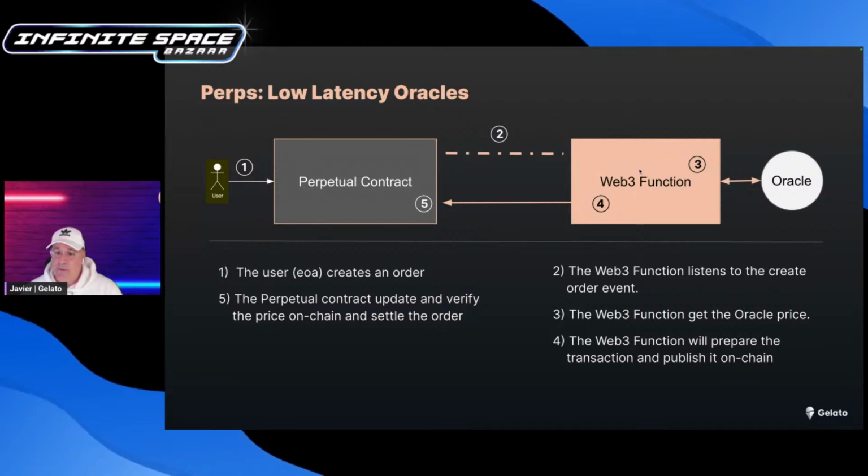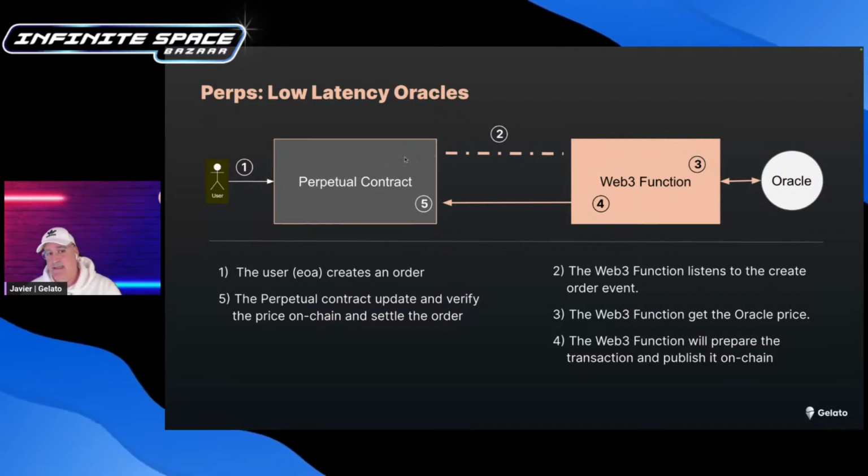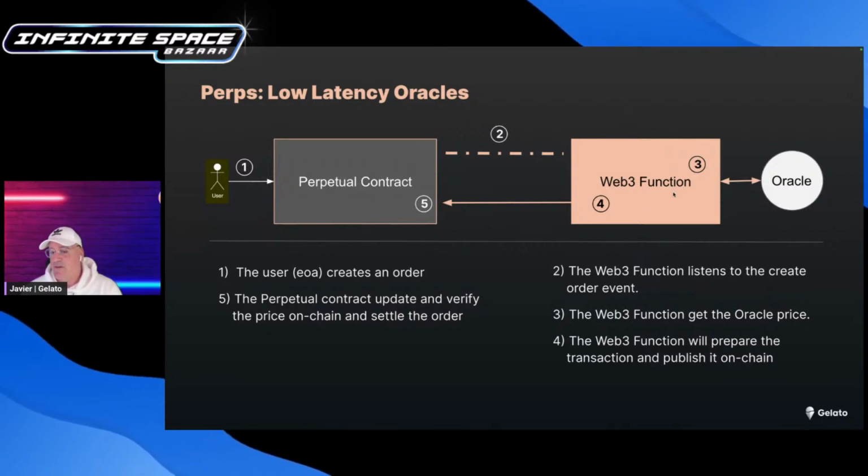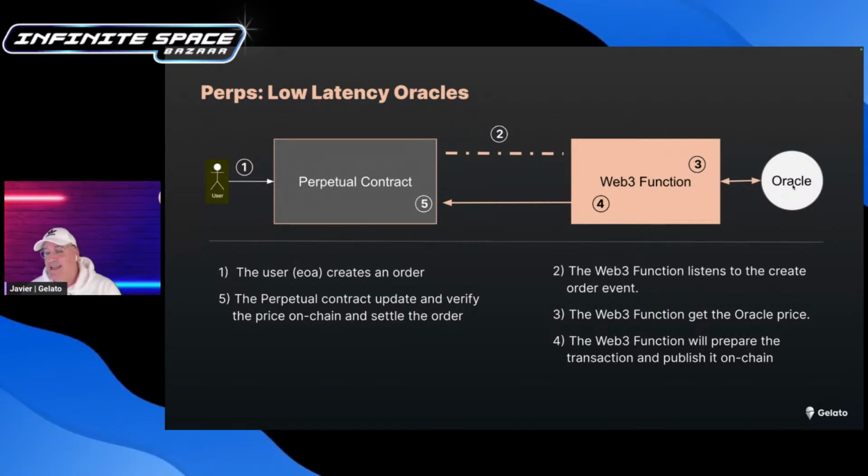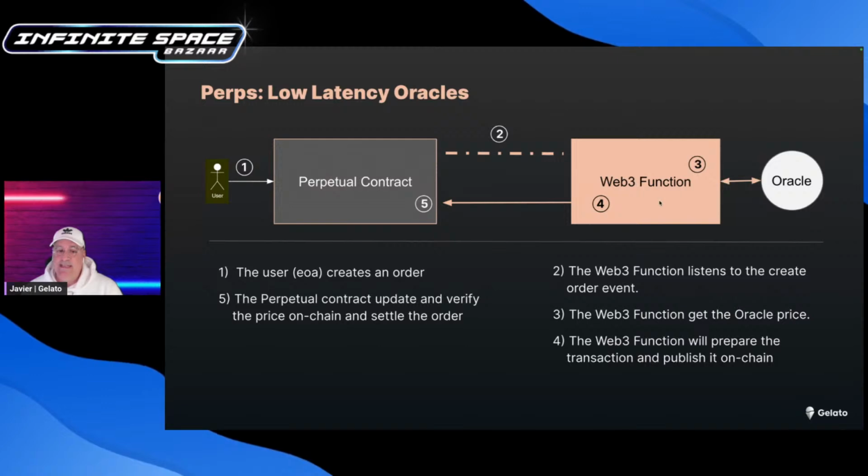The Web3 function is listening to this set order event in the perpetual contract, then runs the code that we have prepared in advance. It queries the price from the oracle, in this case the Pyth network. We get the price, and then we settle the order.